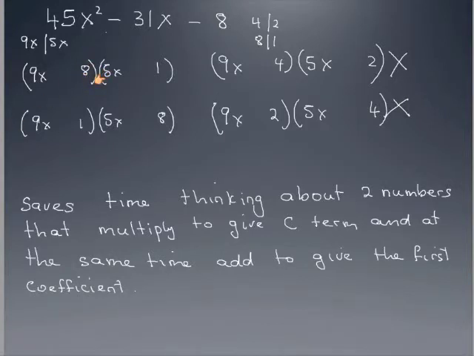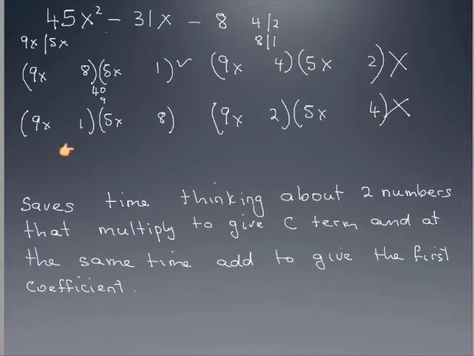5 times 8 is 40, and 9 times 1 is 9. So can I possibly make a 31 out of 40 and a 9? Well, if I subtract, yes, I can. So this is a good one. 5 times 1 is 5, and 9 times 8 is 72.